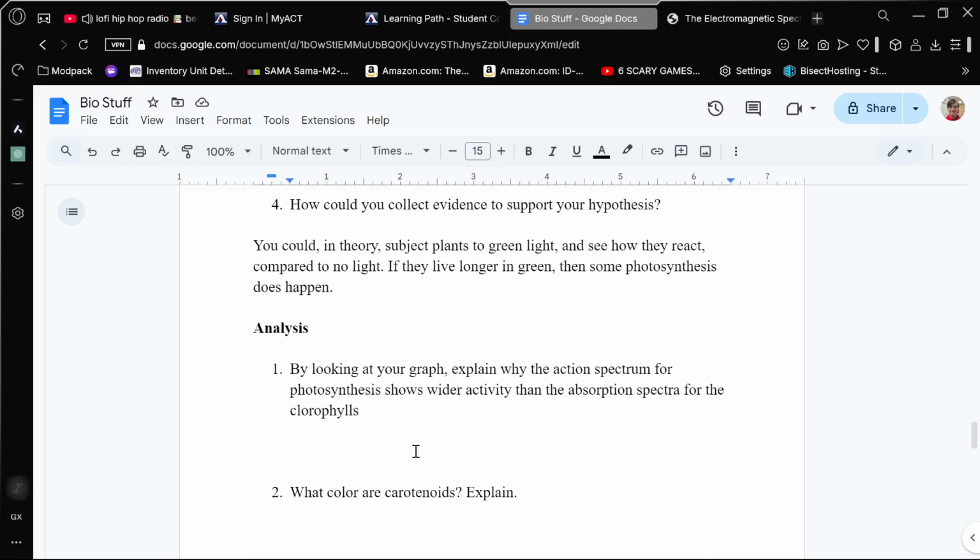Analysis. By looking at your graph, explain why the action spectrum for photosynthesis shows wider activity than the absorption spectra.